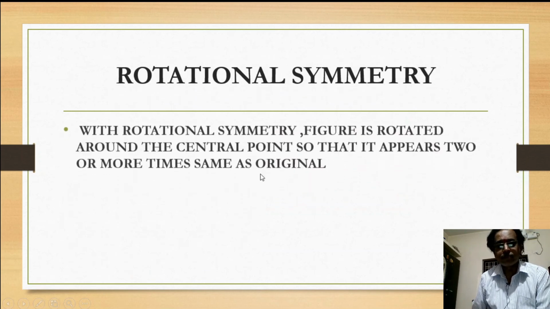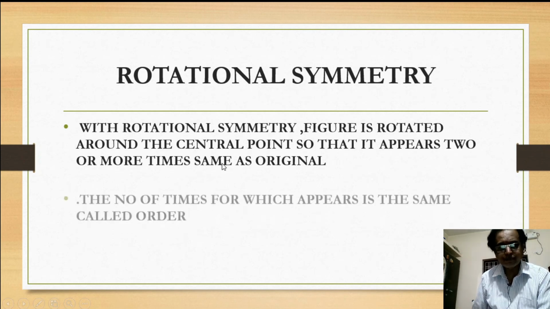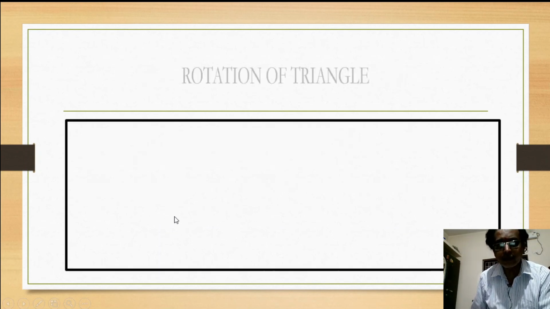Rotational symmetry: the figure is rotated around the central point so that it appears two or more times the same as the original. The number of times it appears the same is the order of symmetry, the order of rotational symmetry of that object.